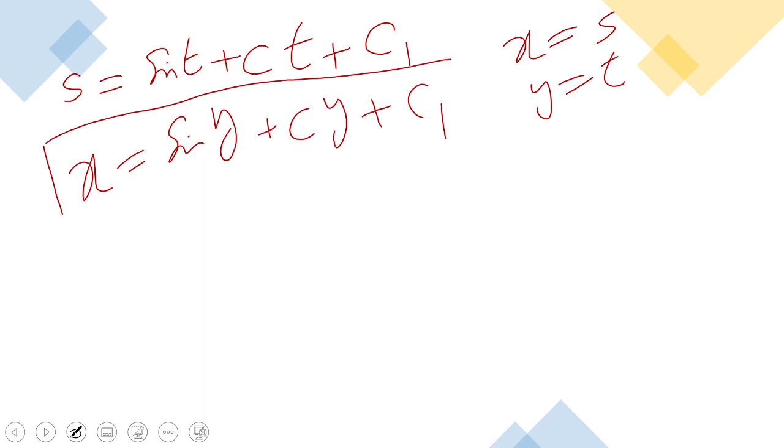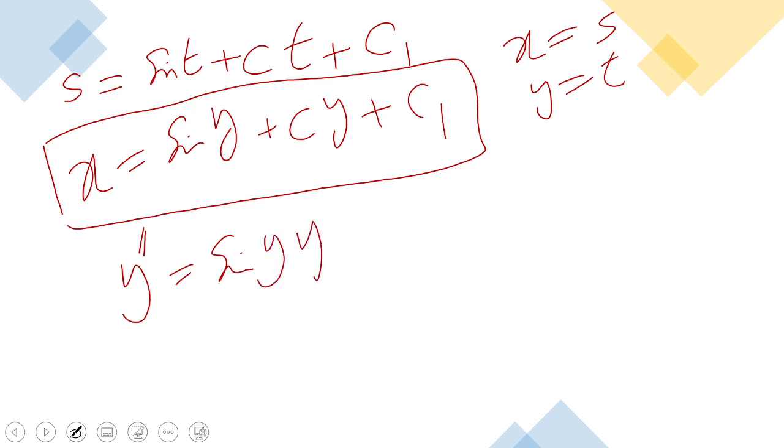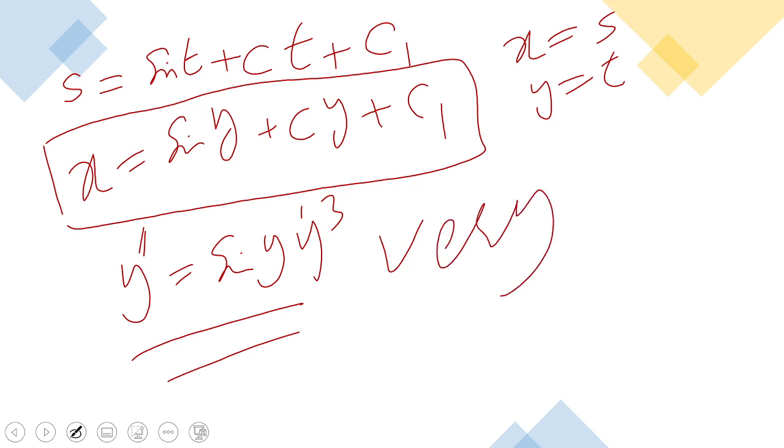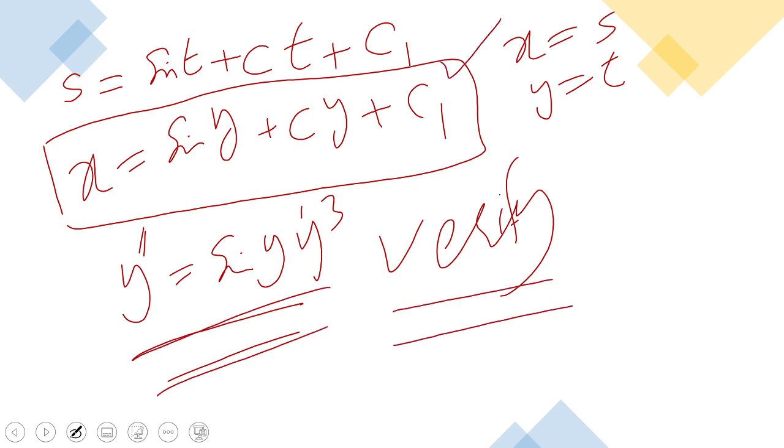So this is the solution of the original y double dash is equal to sine y dash cube, and you can verify it. This is homework. Verify that this is a solution of this differential equation. This is one example.